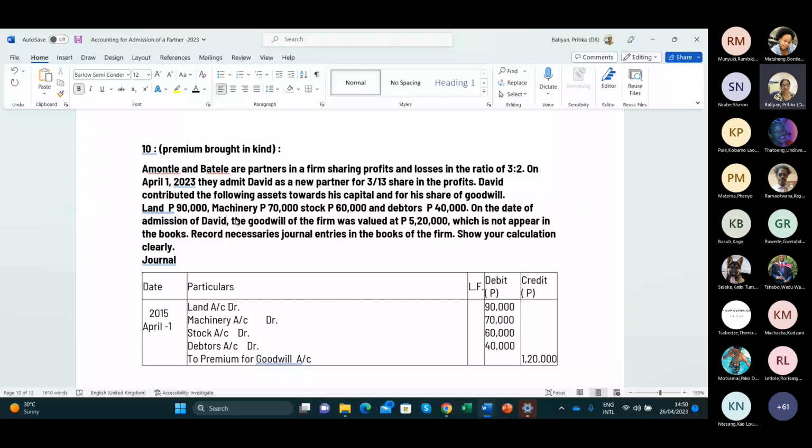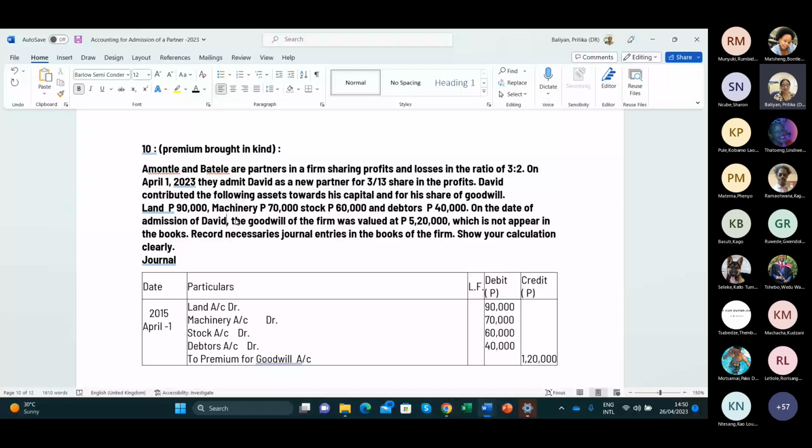So on the basis of it, you have to prepare the journal entries. The firm's goodwill is 520,000, and as goodwill and capital, the new partner brings those assets.